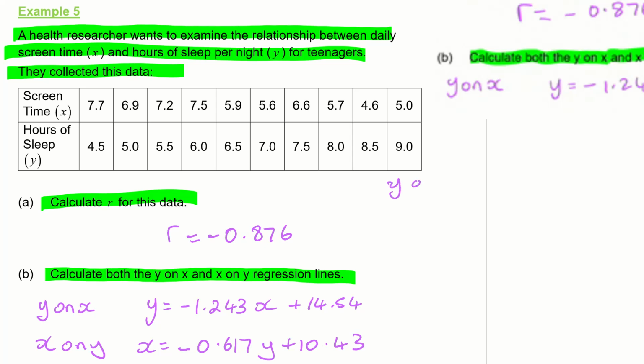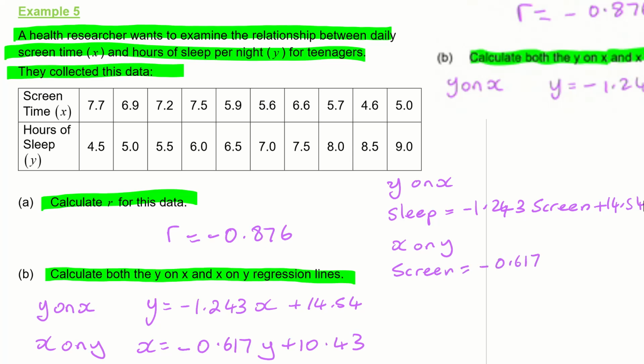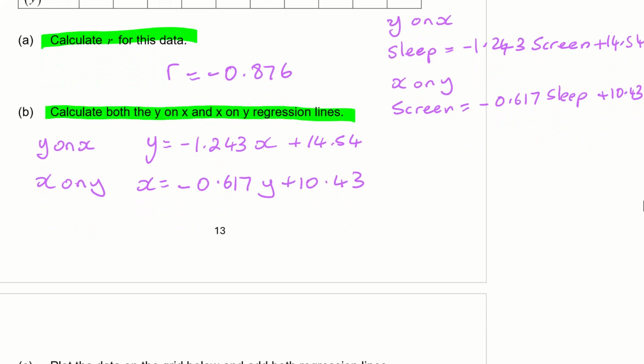For the Y on X, think about it as being sleep equals negative 1.243 times screen plus the 14.54. And then when you do the X on Y, think of it as being screen is equal to negative 0.617 times sleep plus 10.43. Okay, so we've got both of those.